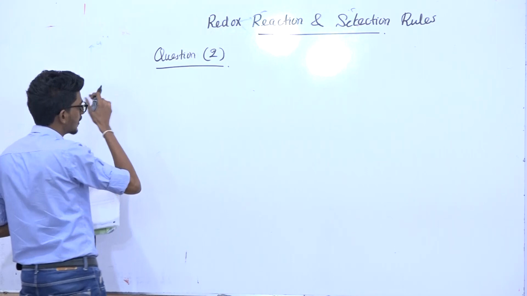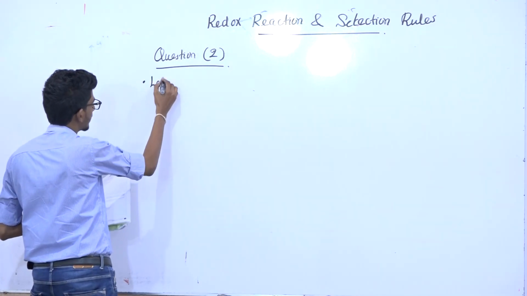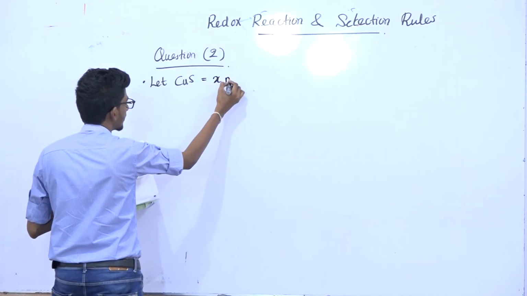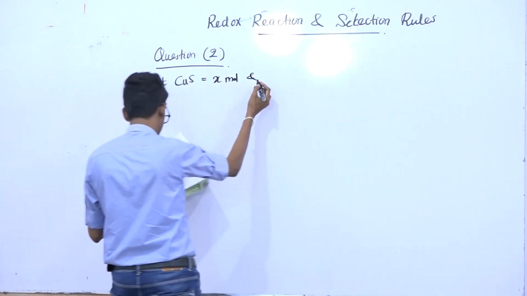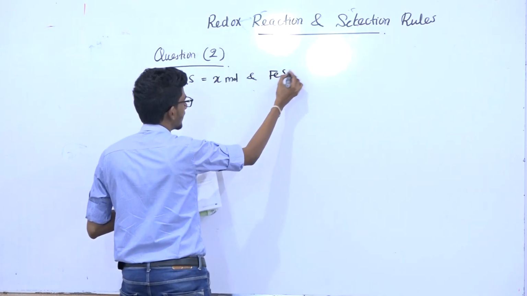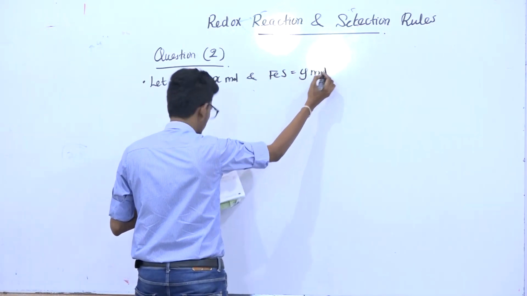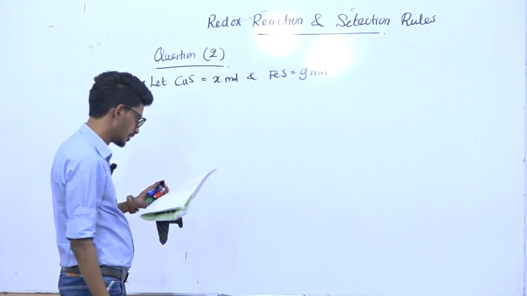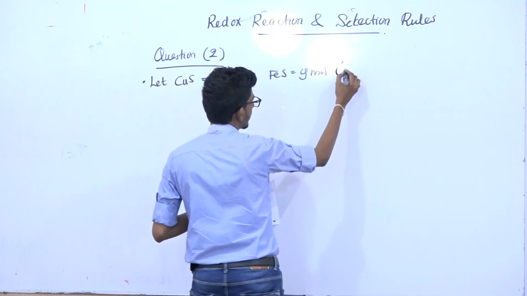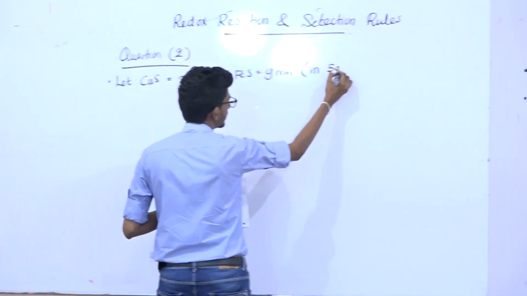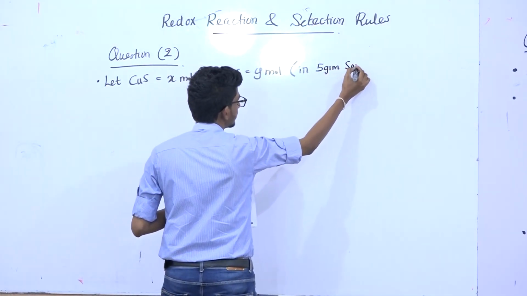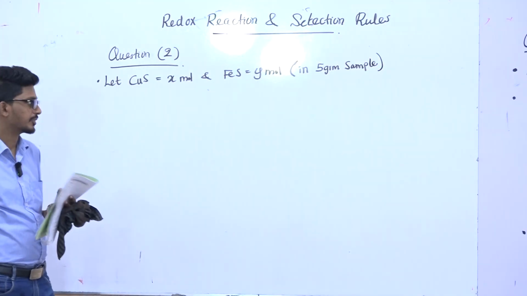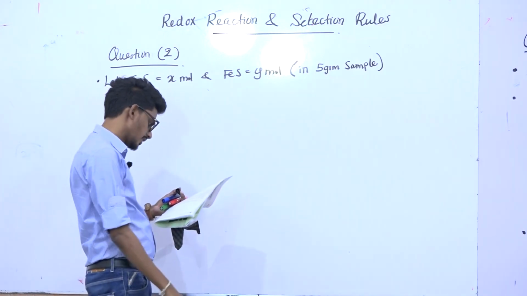So let CuS be X moles and FeS be Y moles, and they are referring to 5 grams of the sample, no? In 5 grams of sample, some impurities are also there in this case, right?